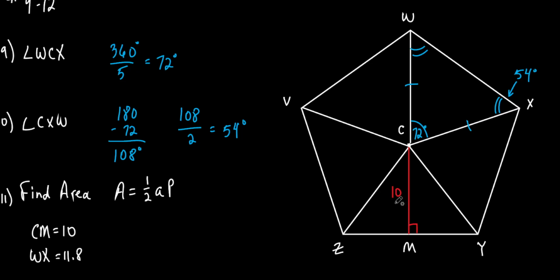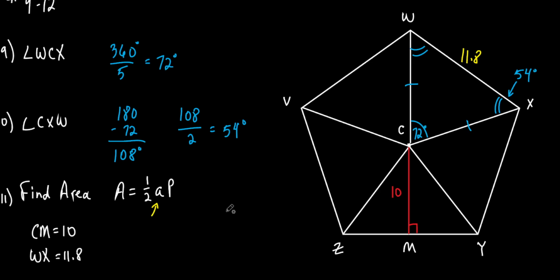So that's 10. What is WX? WX is 11.8. Where is WX? WX right here is 11.8, which means each side is 11.8. Look at my formula. Everybody look here. They give me the apothem, so I can just stick in a 10 right there. They don't give me the perimeter, but they give me one of the sides.